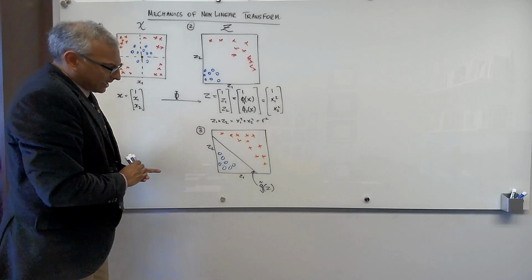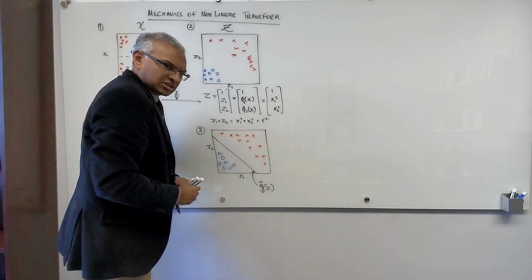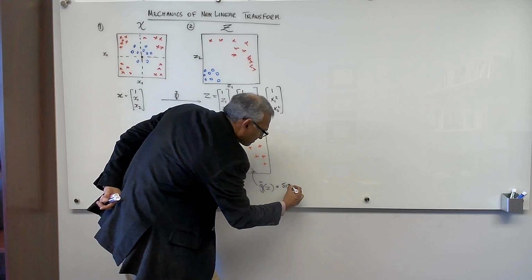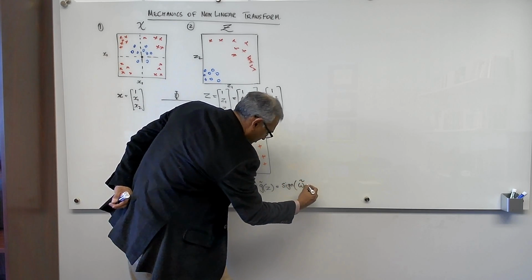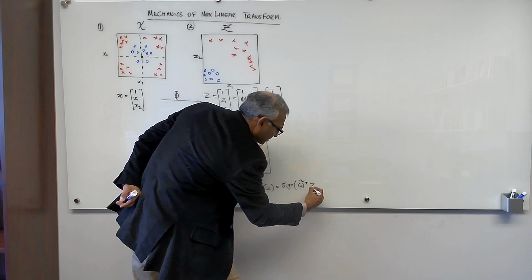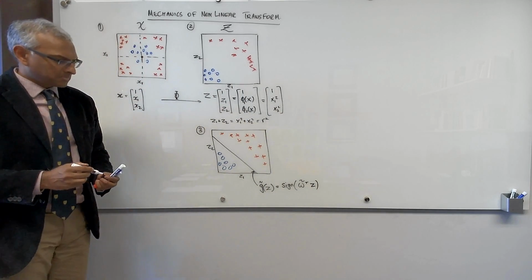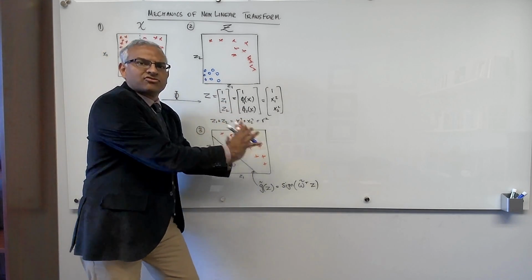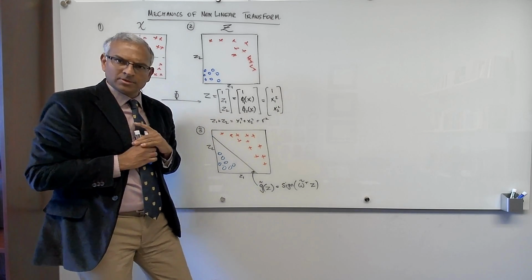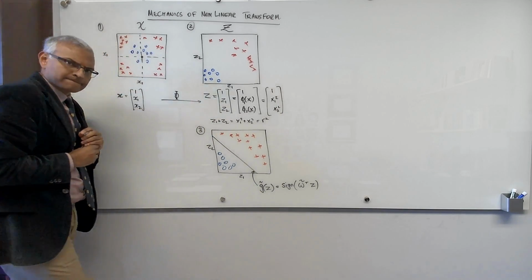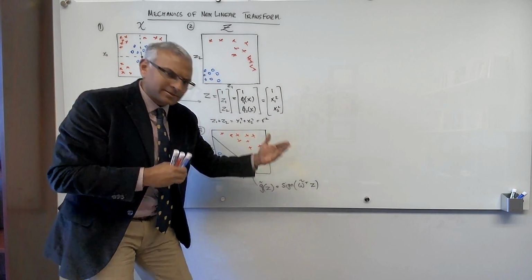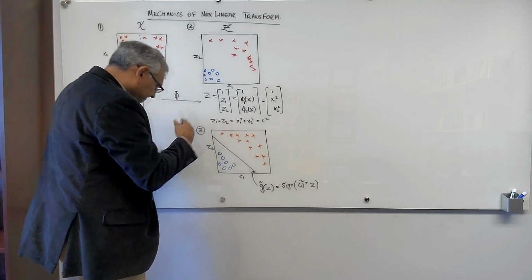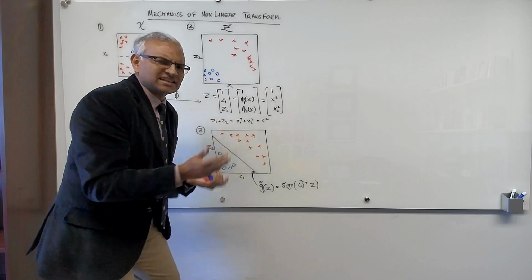And g tilde of z is exactly equal to the sign of w tilde transpose z, because it's a linear model in my transformed space. So that's very important to understand. And in order to get this w tilde, all I have to do is run the linear model in my transformed space.